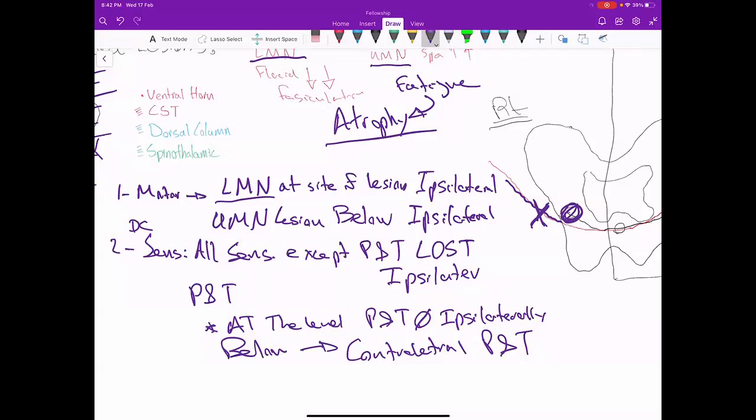At the level of the lesion, it is what? Sorry? At the level of the lesion, they would have an ipsilateral sensory loss in that nerve at that segment, but everything below that would be contralateral.